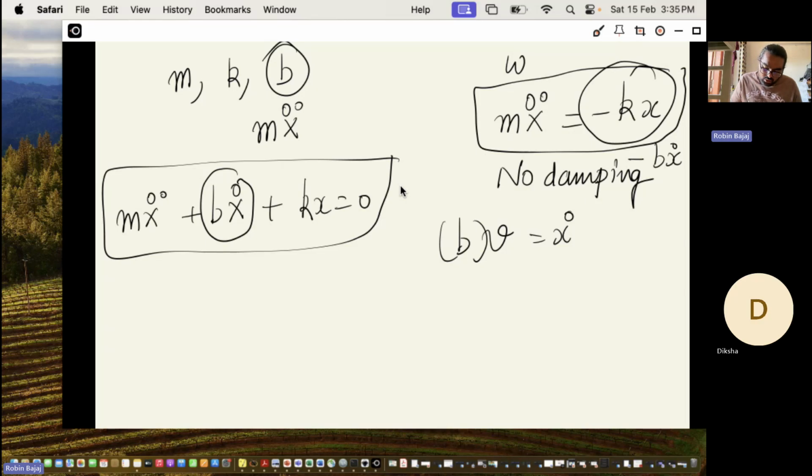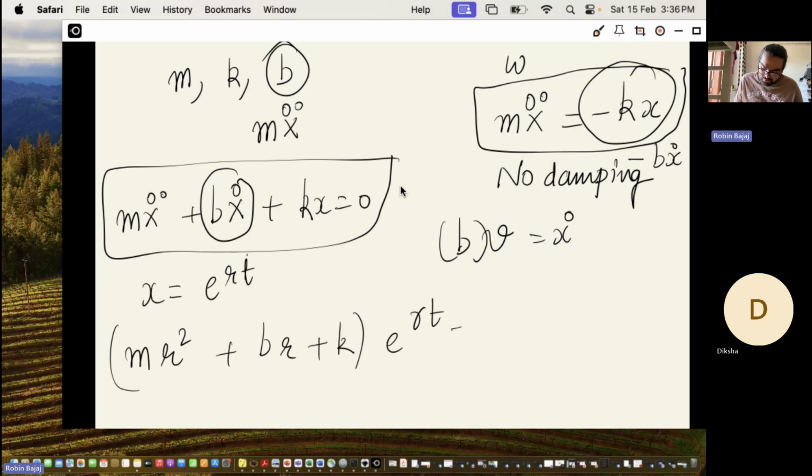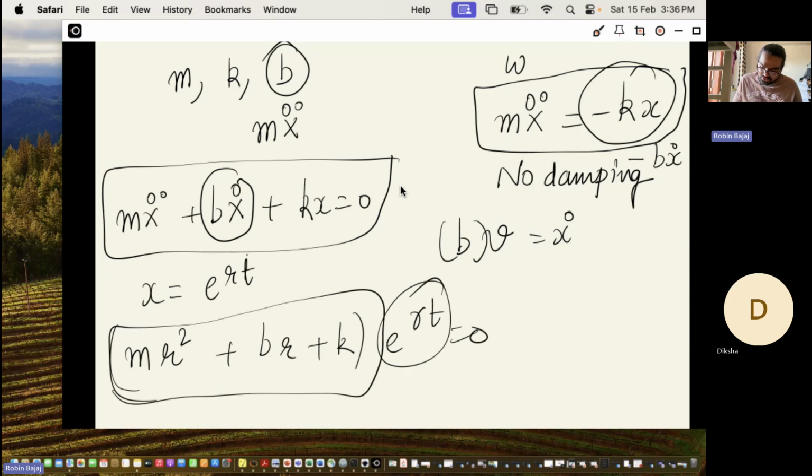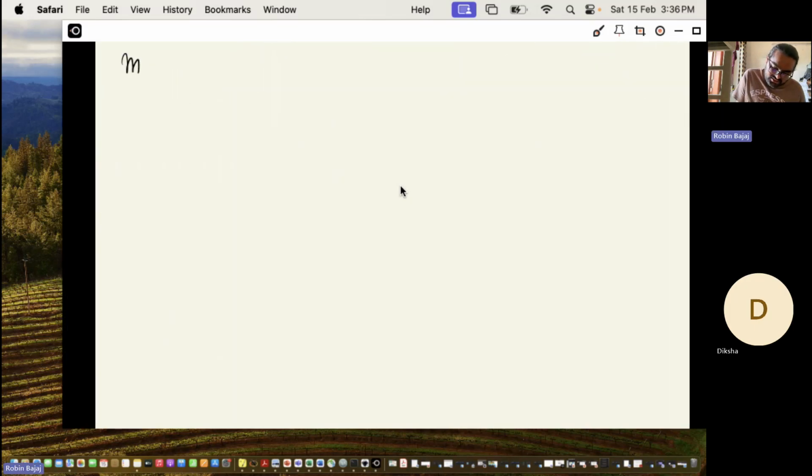Now we'll assume the general solution e to the power rt. If I take the derivative of this, it is (mr square plus br plus k) e to the power rt equal to 0. This is greater than 0 always, so this has to be 0, which means your characteristic equation is mr square plus br plus k equal to 0.